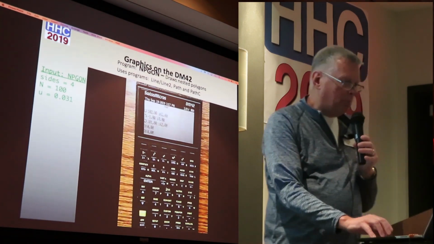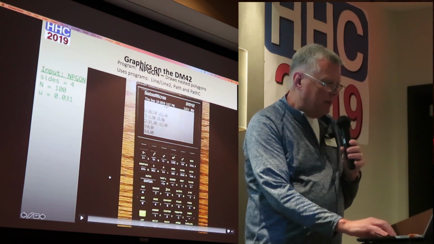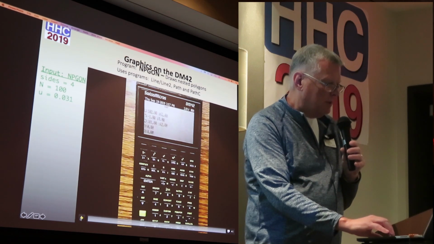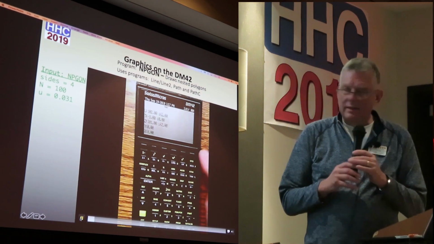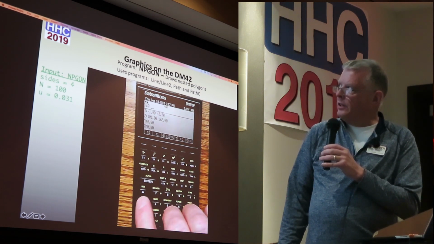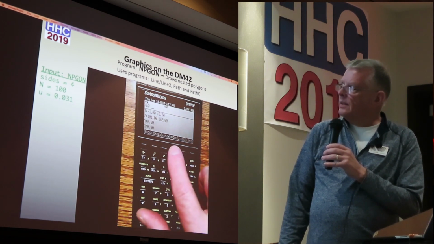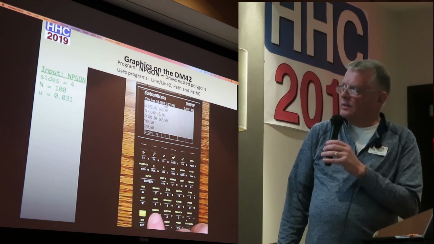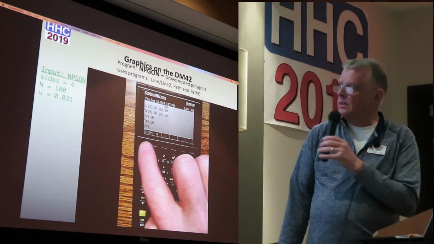So this is a nested polygon program, and I did do this one. I think this was pretty cool. You can run it, and it comes up with a menu that says how many sides, and I chose 4 sides because it's kind of simple to watch.